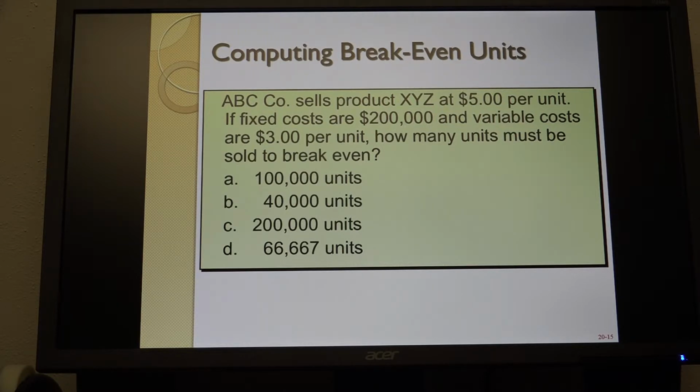They sell product at $5 per unit. They have a variable cost of $3 per unit. So contribution margin per unit is what? $2 per unit.